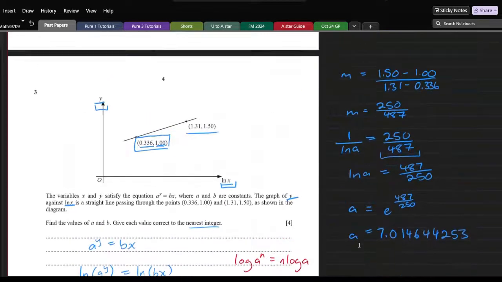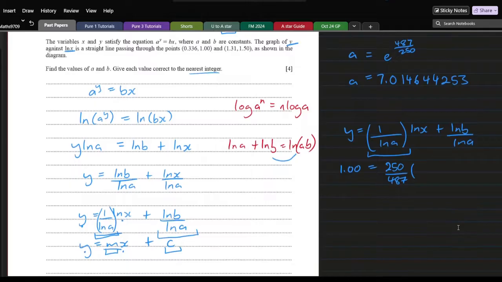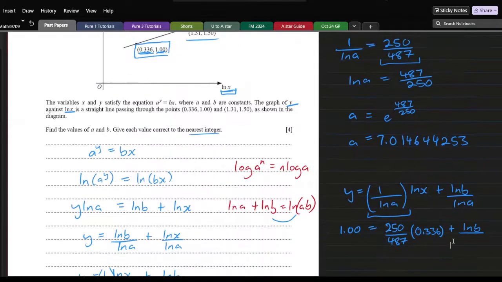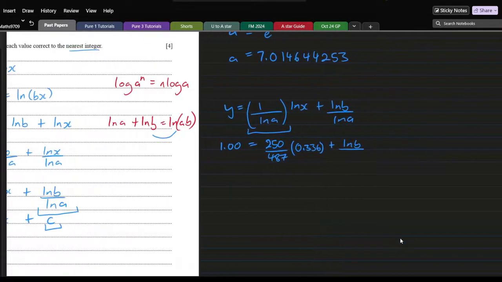We said our ln x is 0.336, and this is plus ln b over ln a. We already know from above that ln a is 487 over 250. So this is being divided by 487 over 250.